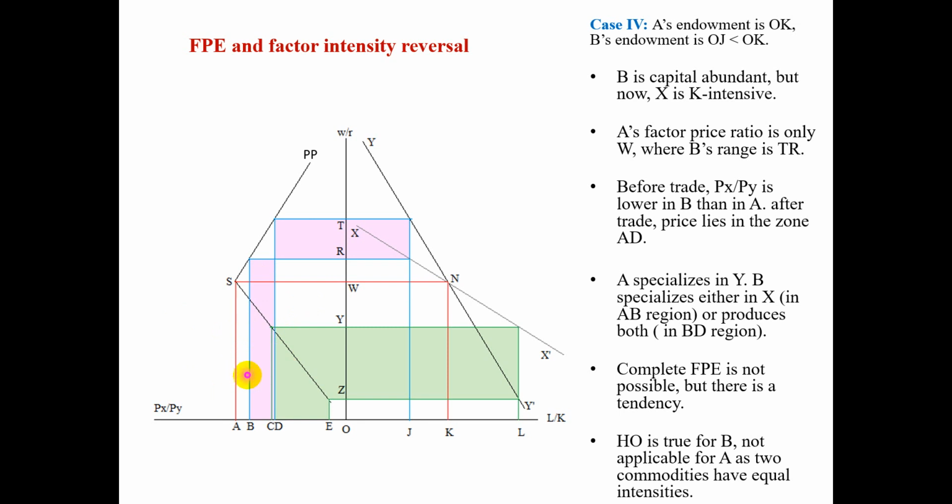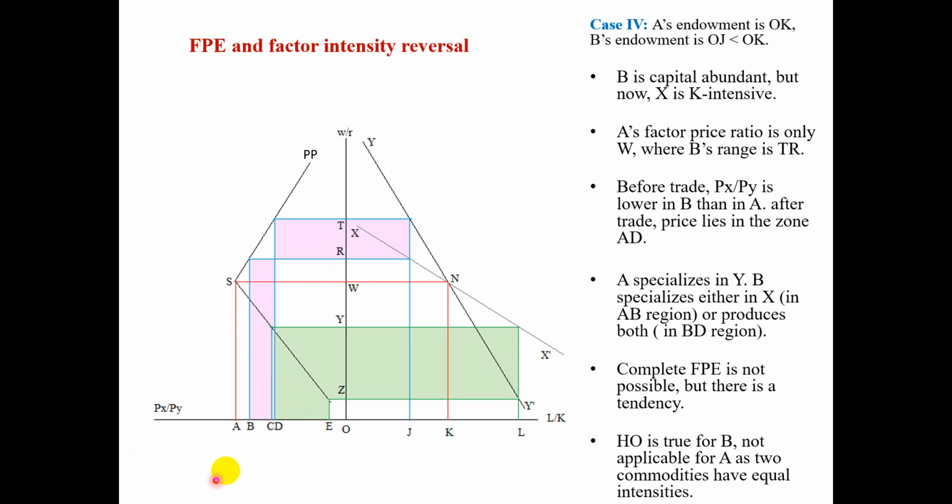So once again this is beyond the permissible zone, so it will be producing only X. Or if the price lies in between this region, that is BD here, then it is in its permissible zone, so it will be producing both the commodities. So once again in this case complete factor price equalization is not possible, but there is a tendency.